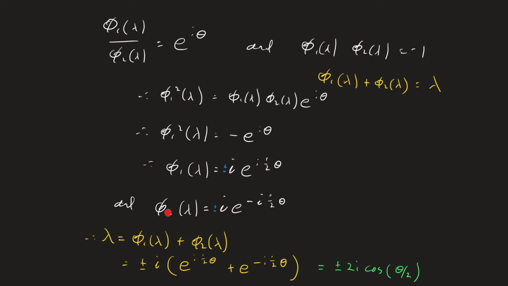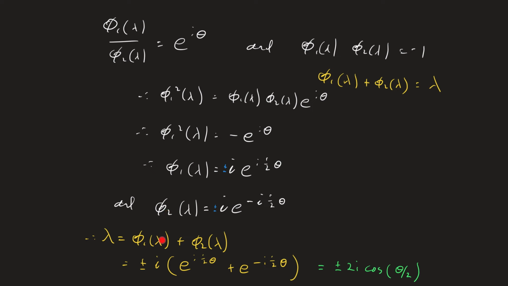Given phi 1 and phi 2, to find lambda, the fast way is to make use of this identity here. Lambda is equal to phi 1 plus phi 2, so we just add these two solutions. Here the convention is that if I choose phi 1 to be positive this guy, then phi 2 is also positive this guy. Whereas the second pair of solutions, phi 1 would be negative this guy, phi 2 would be negative this guy.